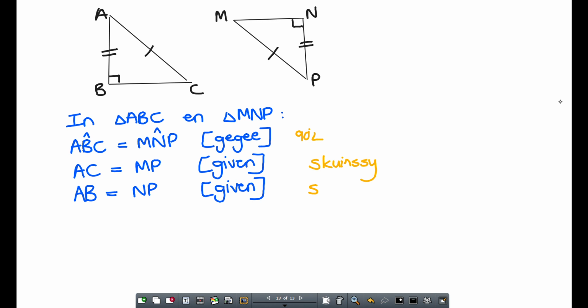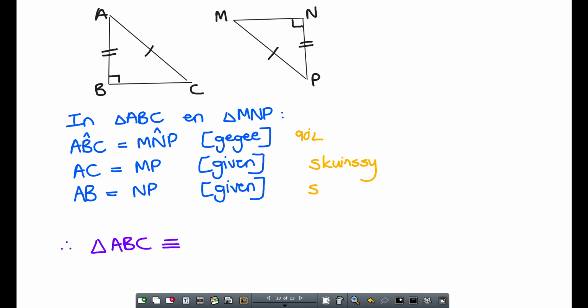Okay, so that is why I am going to say triangle ABC is congruent to, en kom ons kyk gou, dit was 2 streepies, dat is die 90 grade, en dan geen streepie. So kom ons kyk weer, 2 streepies, 90 grade, geen streepie. So I'm going to say PNM.